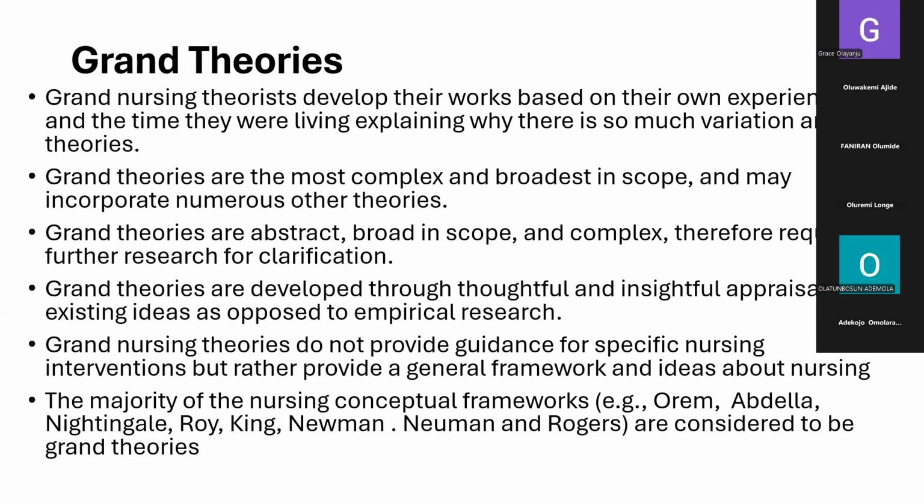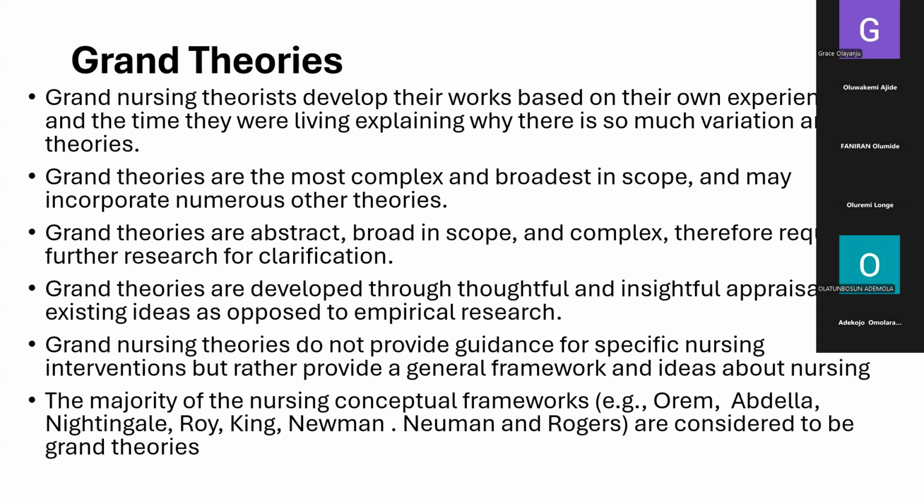Example is Orem's theory. Orem's theory does not talk about a specific area. It's just general, nursing generally. Nightingale talks about general. Margaret Newman and Betty Newman, there are 2 Newmans there. Margaret Newman talks about health as expanding consciousness, whereas Betty Newman talks about the system model, that the individual is a system, works like a system.